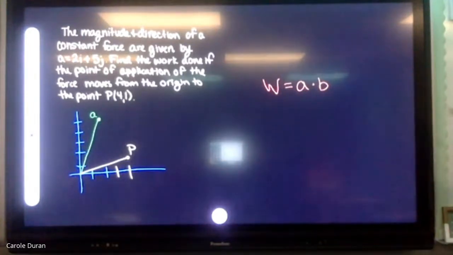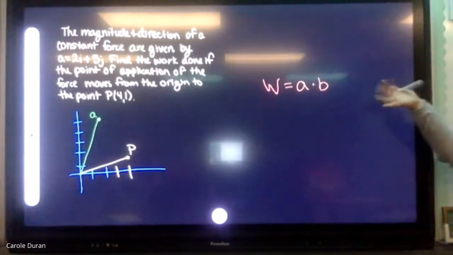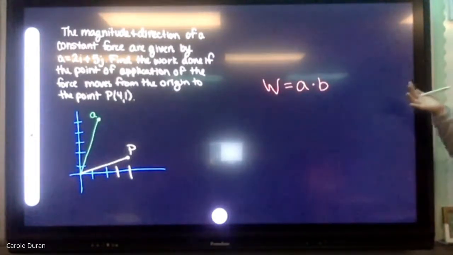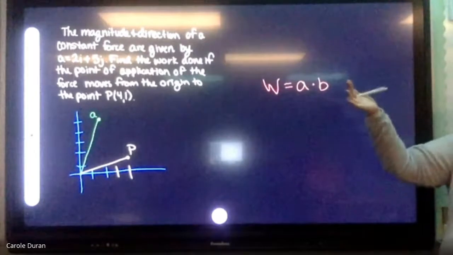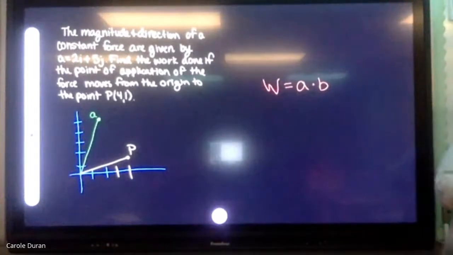So how would I find the dot product of A and B here? We just multiply like components, add their products together, and then that gives us our work. Do I expect my work to be another vector or a scalar number, a singular number?